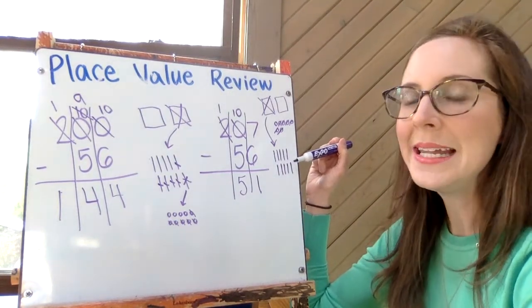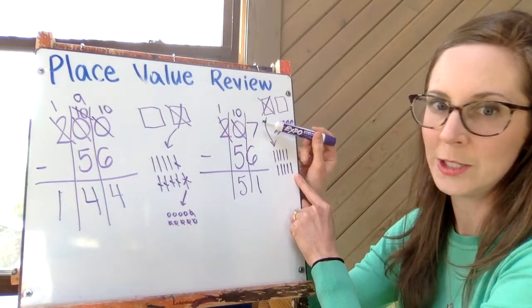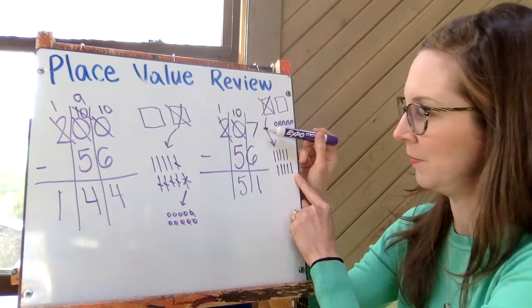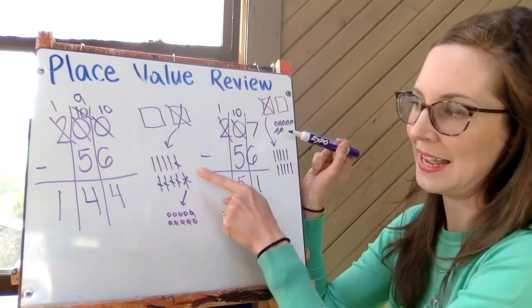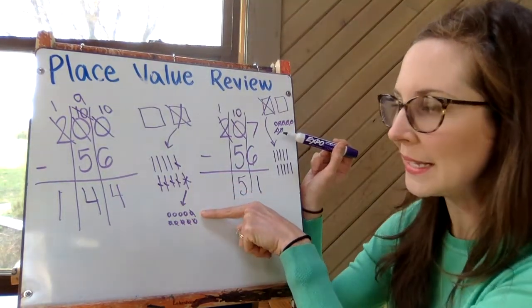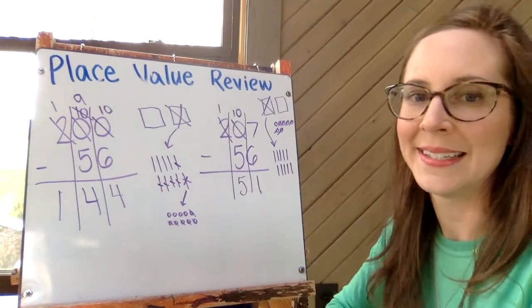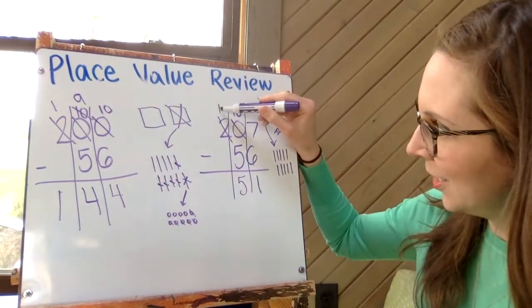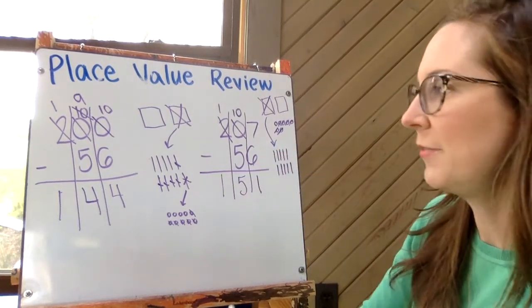And then if you need to ungroup one of the tens, if you need more ones, which we didn't do in this equation, you would then have 10 tens, but ungrouping one of them to become 10 ones, and that would mean you now would have only 9 tens. And I still have my 100, so the answer here is 151.